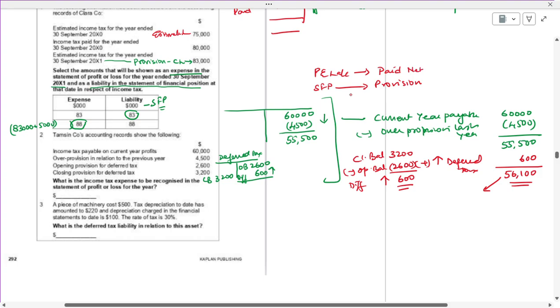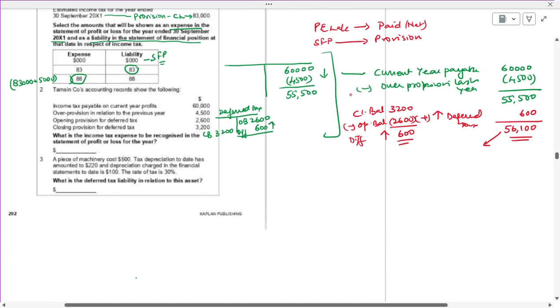In the statement of financial position, we will recognize the estimated provision. They are asking for the income tax expense. How much do you have to recognize? 56,100.